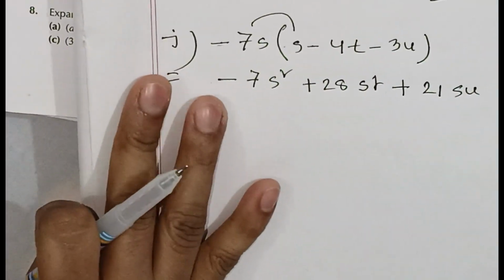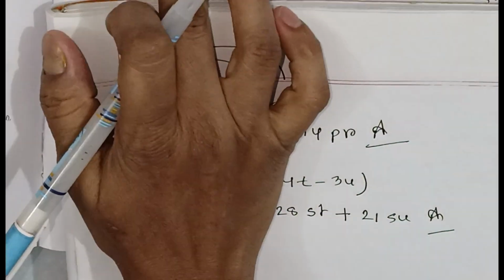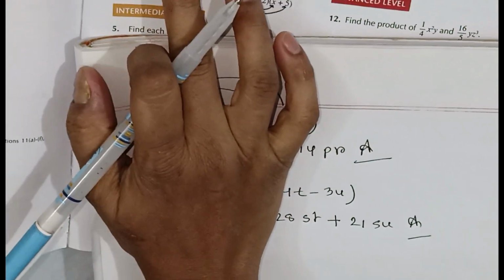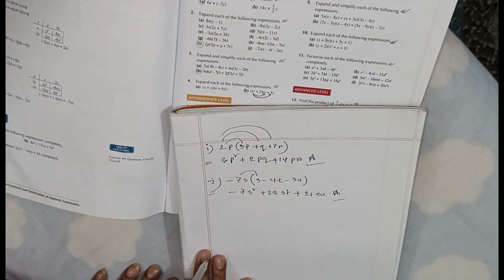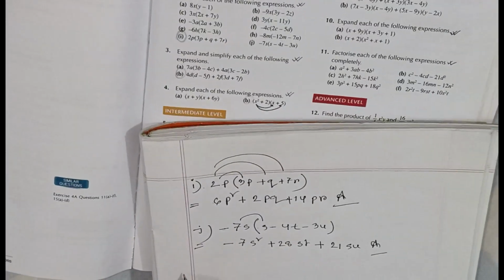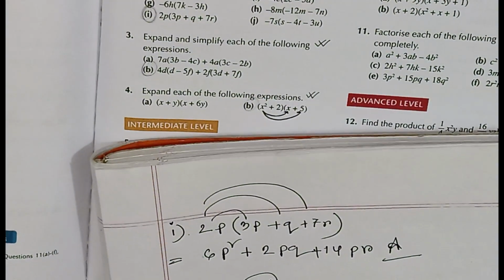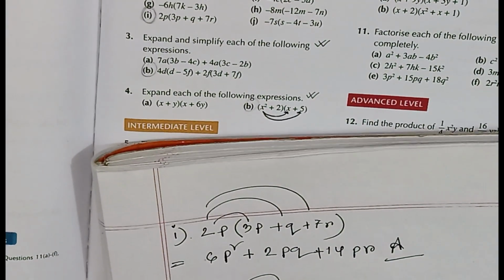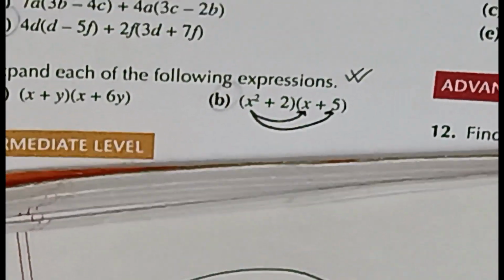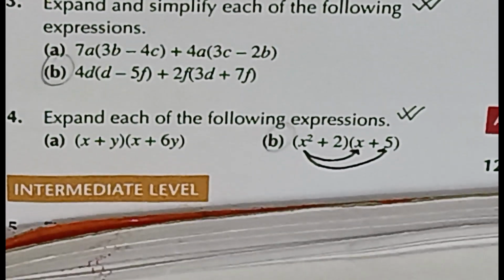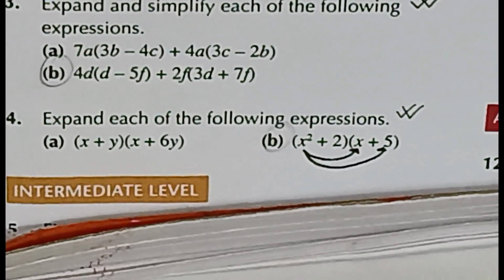So now number 3: expand and simplify each of the following expressions. So number 3 I will do, you will try b, okay. At first you copy the question. 7a into 3b minus 4c plus 4a into 3c minus 2b.